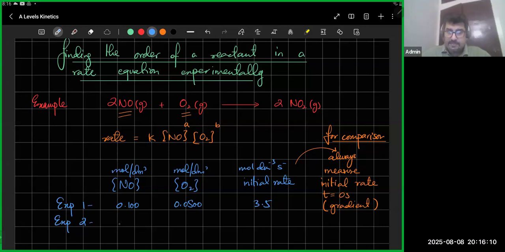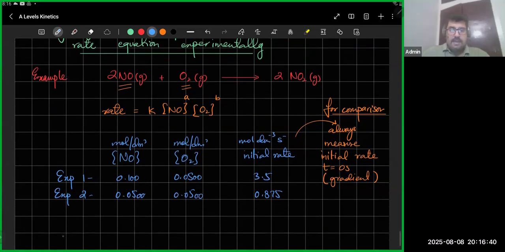So what he does in the second experiment is he takes 0.05. So the concentration of NO has been halved, and the concentration of O2 remains exactly the same. And what he has noticed is that the rate is now 0.875.